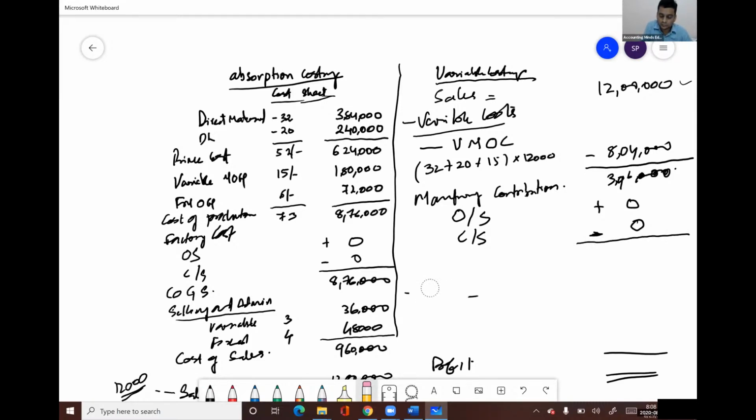What is this 3,96,000? Manufacturing contribution you got. That is manufacturing contribution.